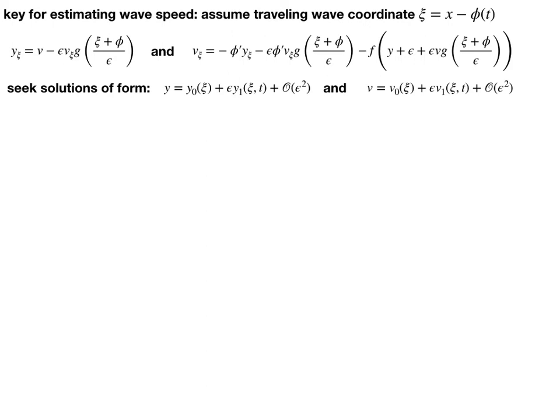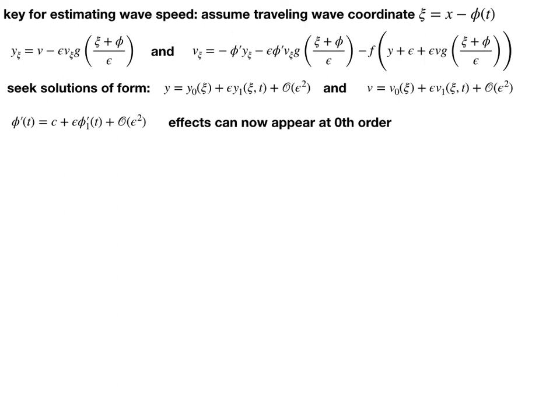So we have managed to sort of sneak in the effects of these inhomogeneities into our zeroth order terms here, y0 and v0. And then at order epsilon, we have this y1 and v1, which we don't really want to solve for, but we want to use them in order to uncover what phi of t is.